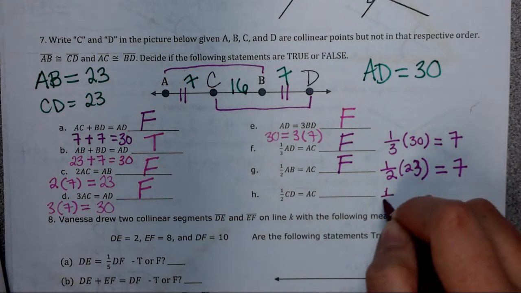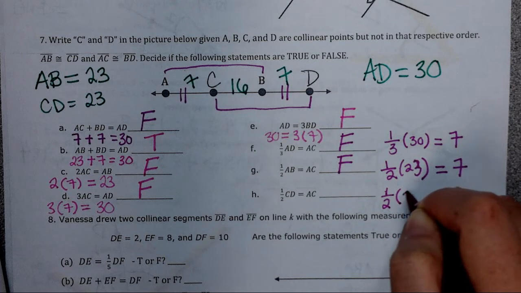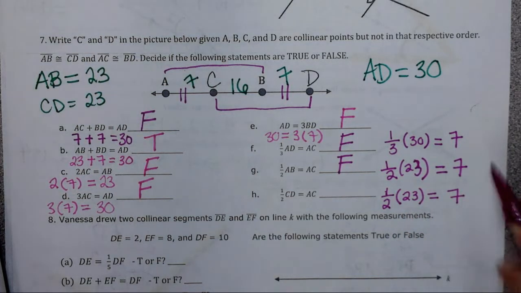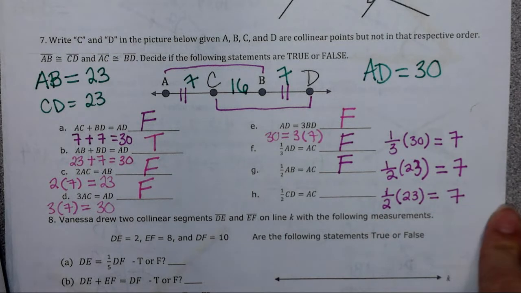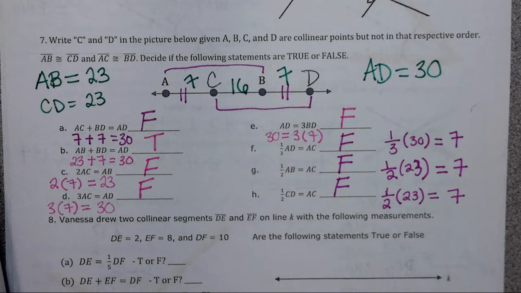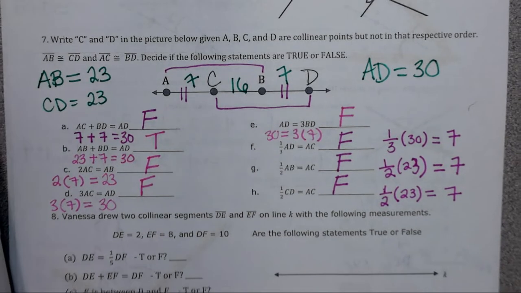Last one. 1/2 of CD, which we said was 23, equals AC, which is 7. Again, it's the same problem. So we know that this is going to be false. Okay. Only one true statement in all of this. Okay, moving on to the next problem.